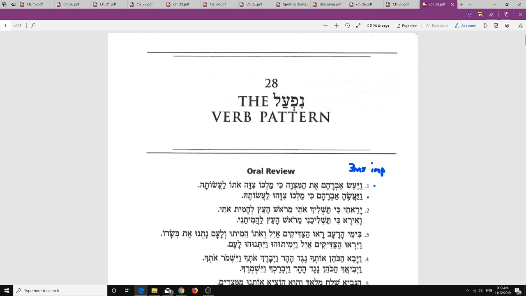So, "and he did it." And he did it, Abraham. So, "and Abraham did it because his king commanded him." So here we have tsivahu. So we see that this hey drops out because it's weak. And it's replaced by the hey shureq of the 3ms pronominal suffix that attaches to the verb.